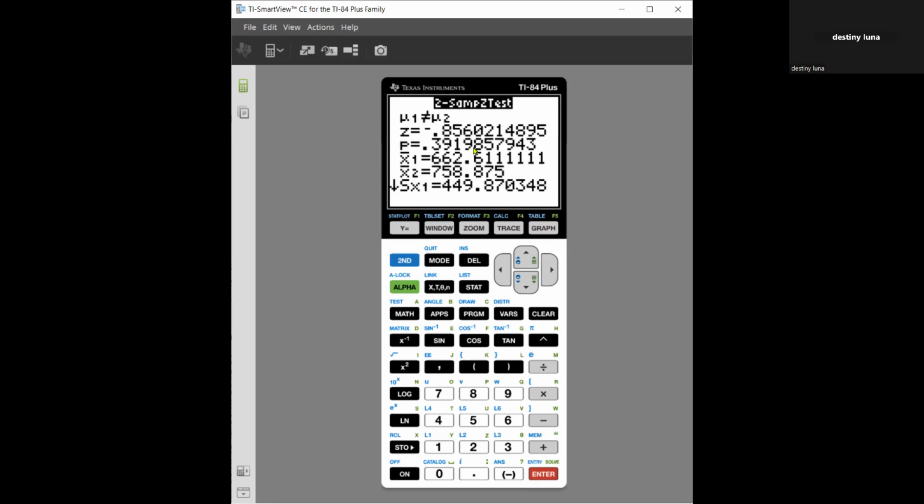Your x-bar 1 and x-bar 2 are the sample means for the river lengths. Your s's are the sample standard deviations, and then you have the n's for both. You don't need those unless you're doing it by hand, but they do not have to be the same size in order to do this.